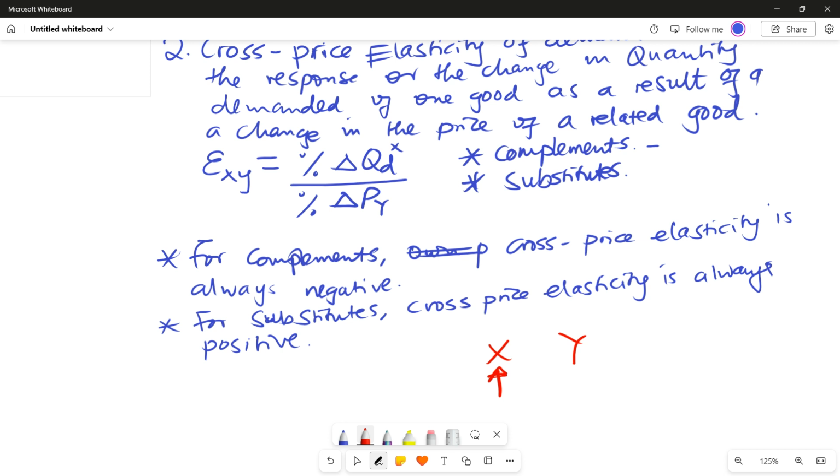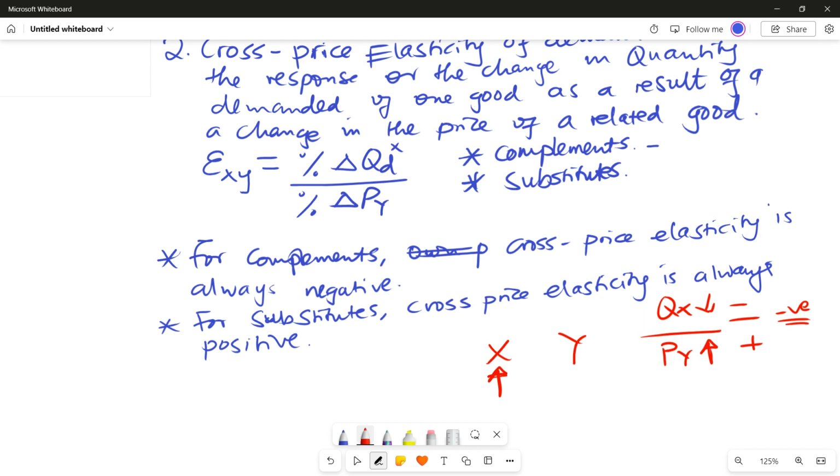So the quantity of good X will fall. But since these goods are complements, the quantity of Y should also fall. So it's a case where the price of Y has gone up and the quantity of X will have to go down. You see, in the denominator we've got a positive, there's an increase, but in the numerator we're going to have a negative, and this is going to give us a negative answer.